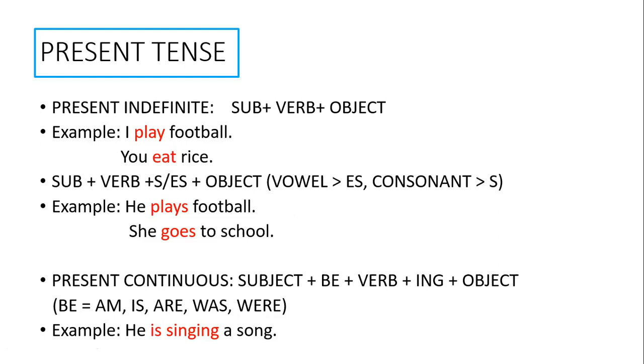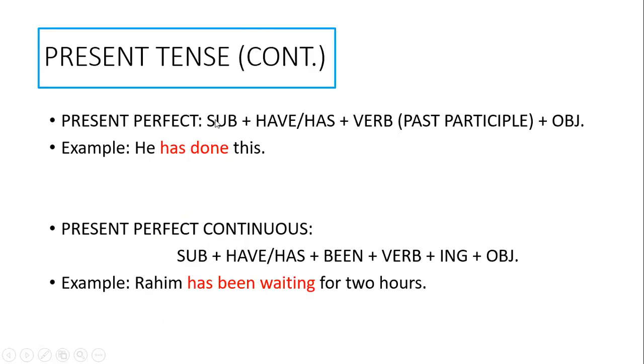Those are am, is, are, was, were. These verbs are called be verbs. So, for example, he is singing a song. He is the subject, is is the be verb, sing is the main verb here, and we have added ing with this main verb and then the object. So he is singing a song. It's a present continuous tense.